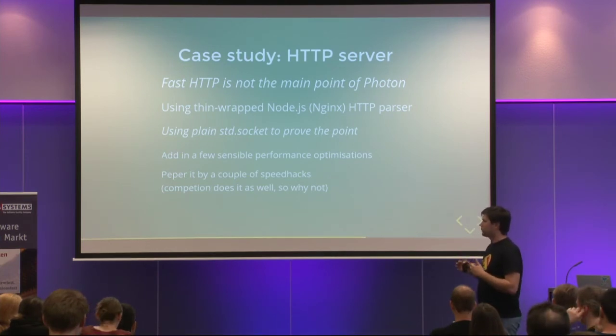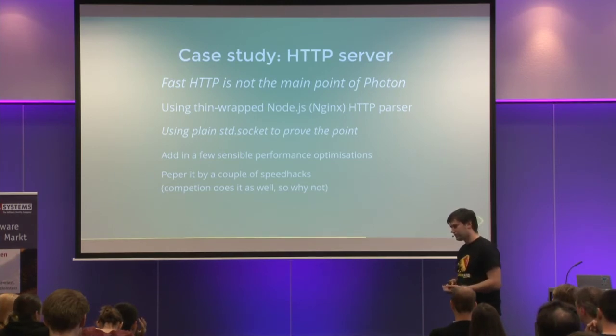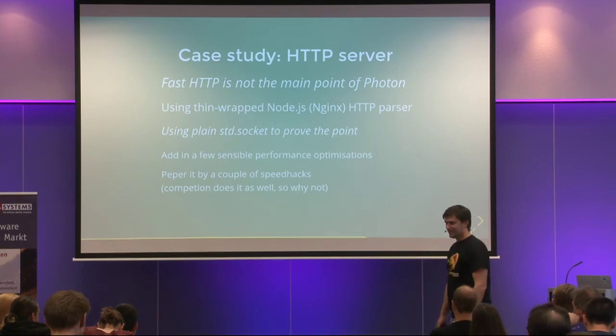And I do some sensible performance optimizations, but then I look at the competition and they do some crazy stuff, and I say, if they do it, there is no shame in it, so I do it as well, and a bit more of it.